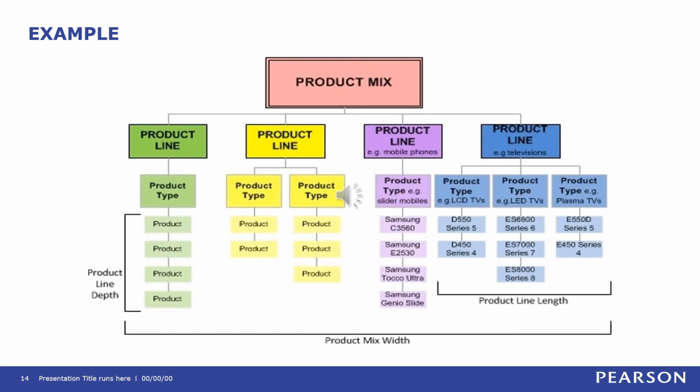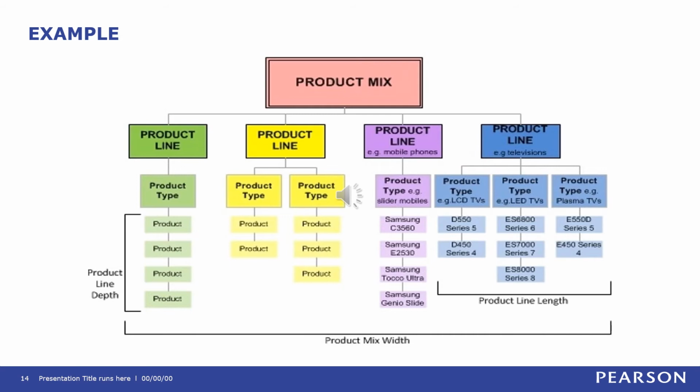On each and every product line, like this example here, television, under the line of television, the same company produces quite a number of different types or different models of television. So on an individual product line, which is television, it has its own mix, or its own product line length.